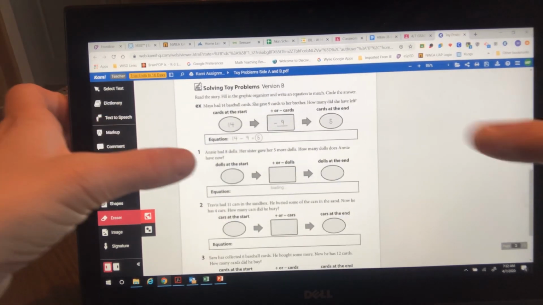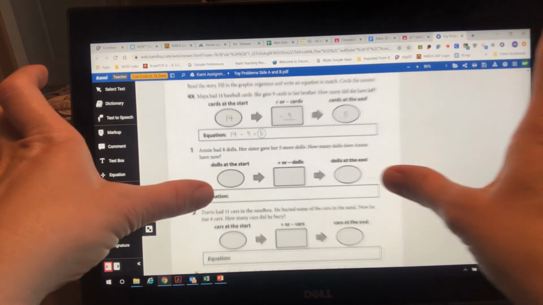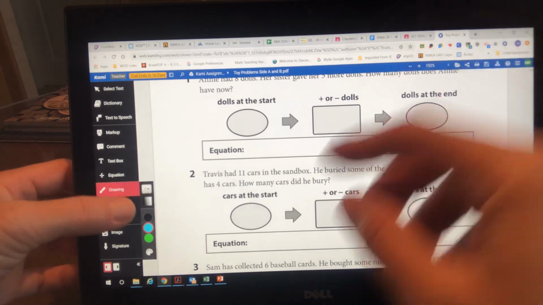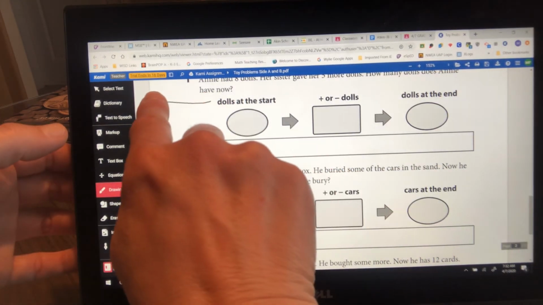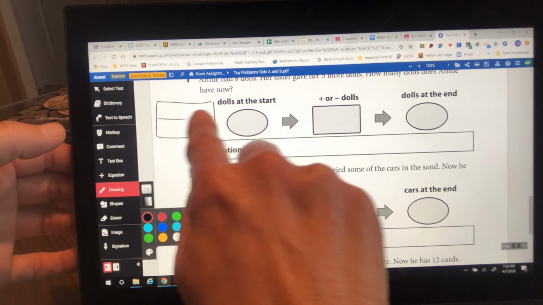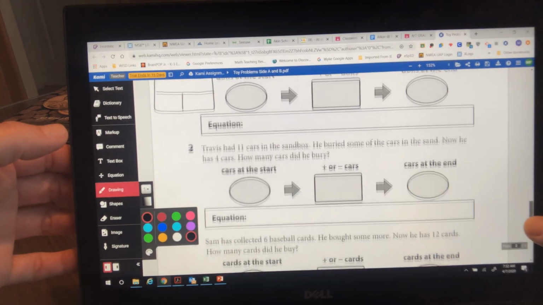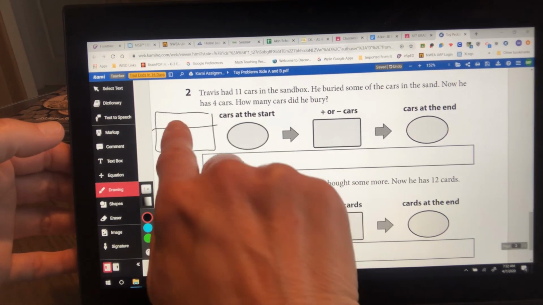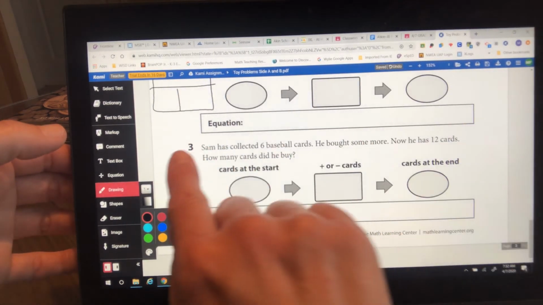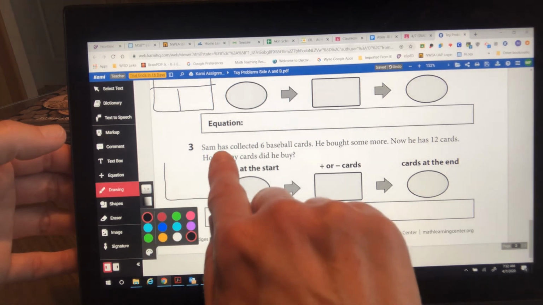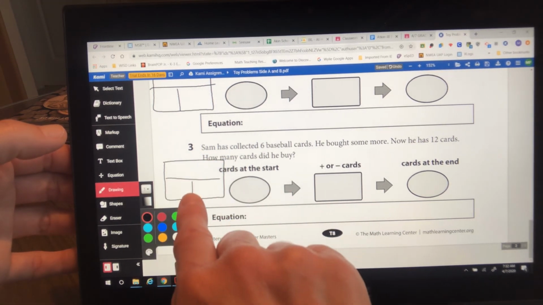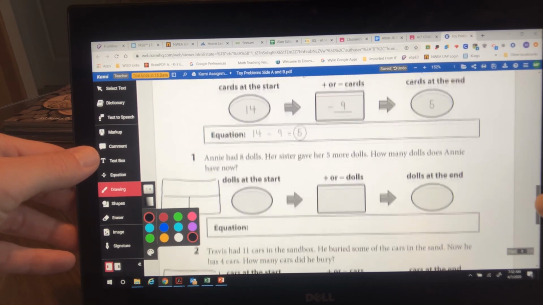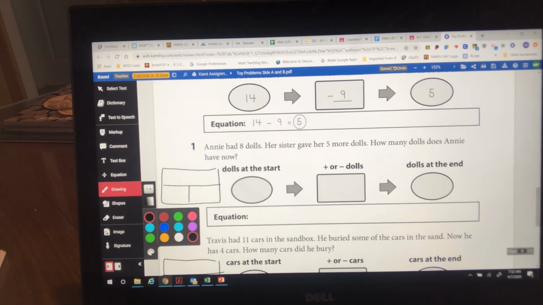Scroll down to side B. Get your strip diagrams drawn on there. And solve. You are good problem solvers. I know this is strange to be doing this online and not together, but it's the best we've got for now. And I know that you know how to do this.